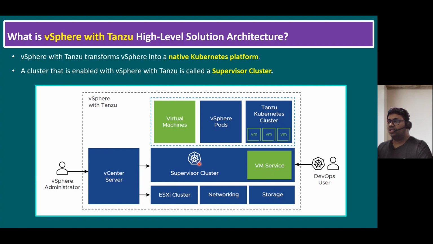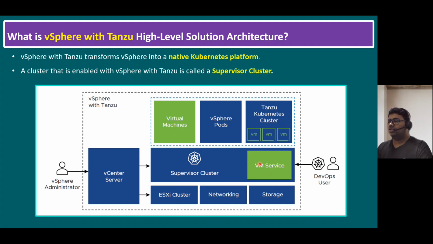This icon is like a Kubernetes icon, but the reason VMware mentions the name Tanzu is that it's the name of their enterprise-grade Kubernetes application. Just like our vSphere has the ESXi cluster concept, in Tanzu we also have a cluster concept called the supervisor cluster. This supervisor cluster has multiple services, like the Tanzu Kubernetes Grid service and also a VM service.